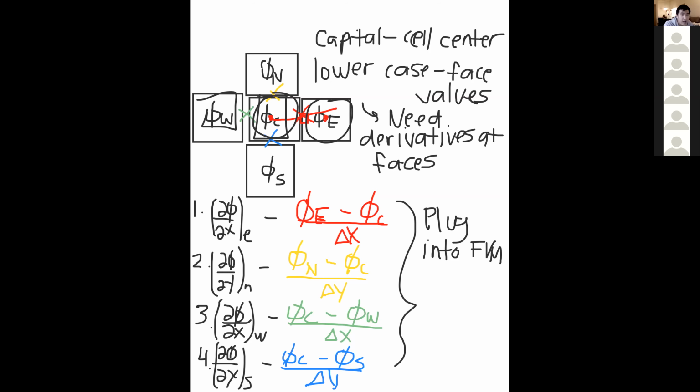For the north, we put our upper value first and then the lower value, so that's north minus center. For the south, since our south neighbor is lower than the center, we put center minus south. Does that make a bit more sense? Yes, thank you. Cool. Any other questions before I wipe this board and move on?